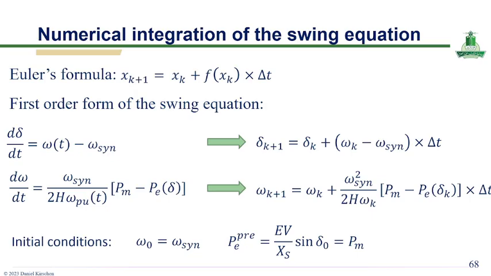Then the swing equation is converted into two first order differential equations representing the rotor angle and rotor speed dynamics. By applying the Euler method, the continuous equations are transformed into discrete update equations for delta and omega, which can be solved iteratively at each time step.